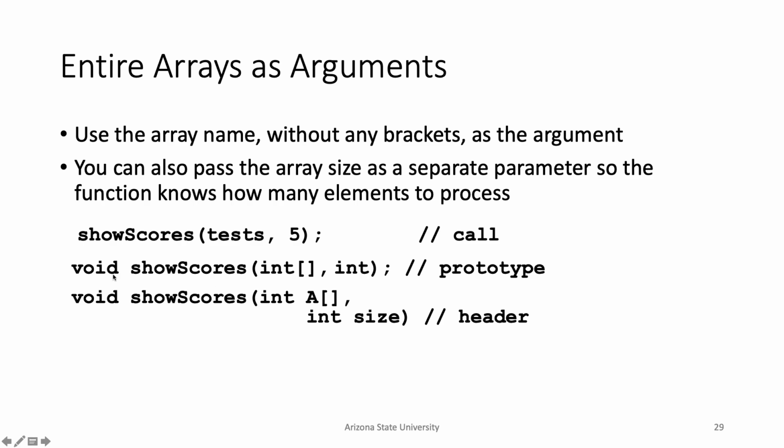So maybe I have this function which just prints the scores in this array, depending on the size, and then I can just pass in the entire array if I want to. So then it'll take the array, move it over to this function, and then we can do whatever we want inside the function with it. So you can pass entire arrays or just individual elements, as the case may be.